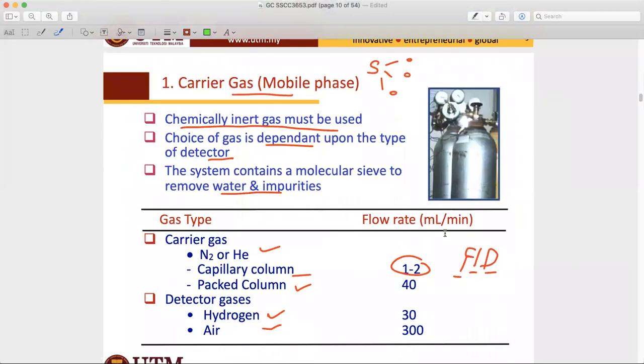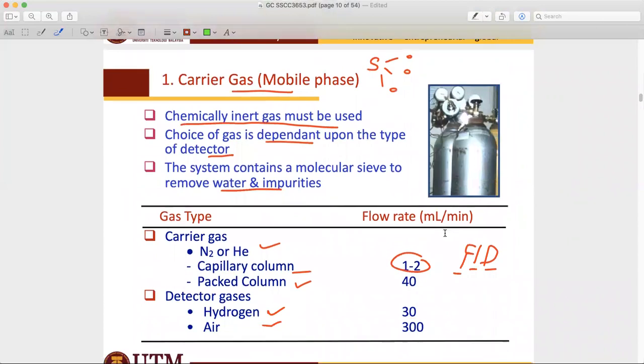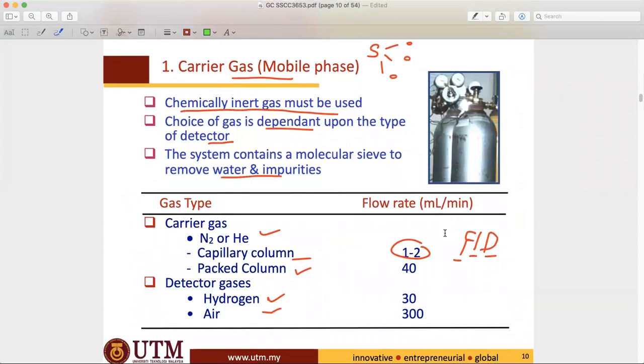Then we also covered in detail what the carrier gas is. The carrier gas, as I mentioned before, is only to transport your sample into the GC column. It is chemically inert and does not affect your analytes.